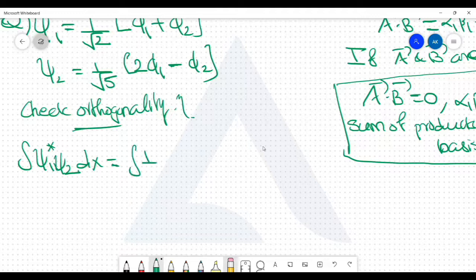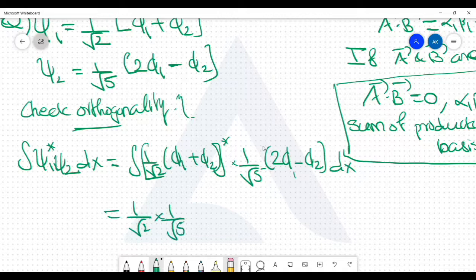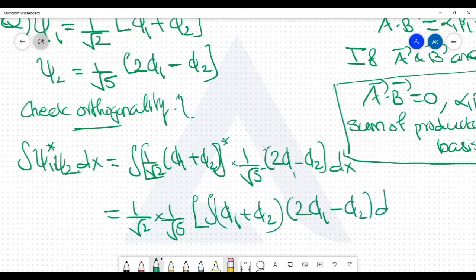That is, 1 by root 2 times phi 1 plus phi 2 star into 1 by root 5 times 2 phi 1 minus phi 2 dx equals 1 by root 2, 1 by root 5. Phi 1 star is simply phi 1. Phi 2 star is simply phi 2. Times 2 phi 1 minus phi 2 dx.